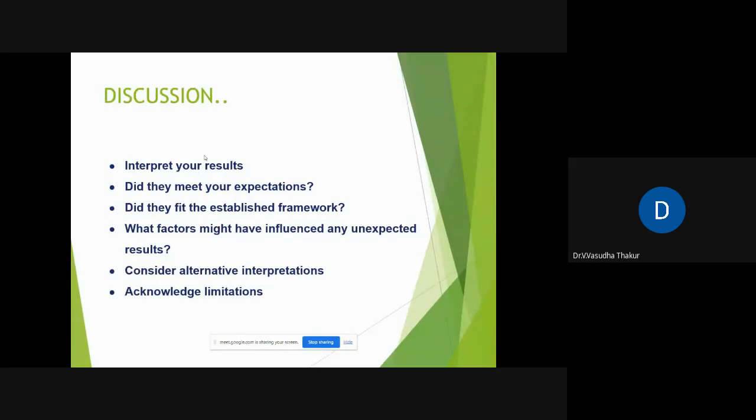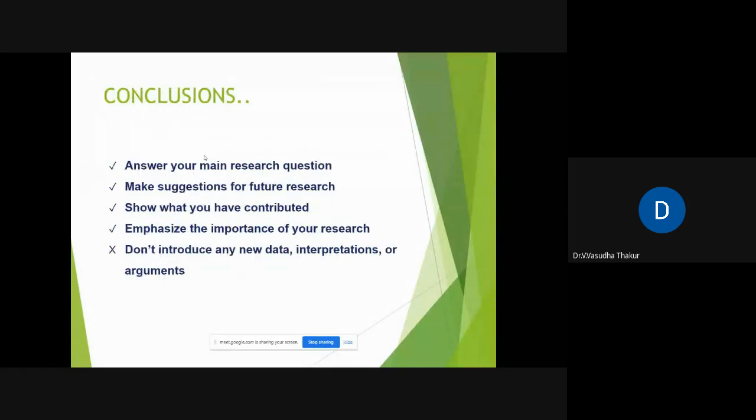Okay, the various influential factors: certain times you expected something and you ended up getting something in the form of results which is annoying, which is not convincing. At times you run into this kind of situation. So all that you can write, and the reason also you can mention under discussion. And then finally write the interpretations and acknowledge the limitations, what you couldn't do in your present work.